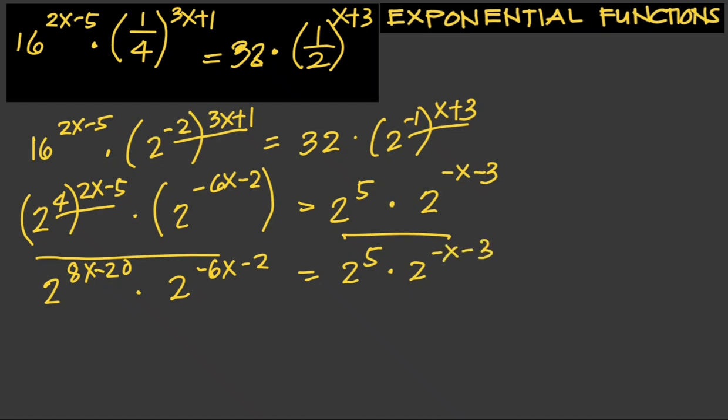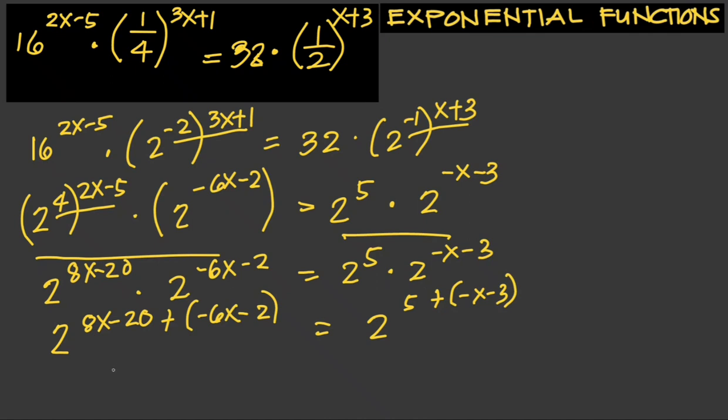We can add the exponents. That would be 2 to the 8x minus 20 plus negative 6x minus 2, equals 2 to the 5th plus negative x minus 3. Grouping like terms: 8x minus 6x is 2x.